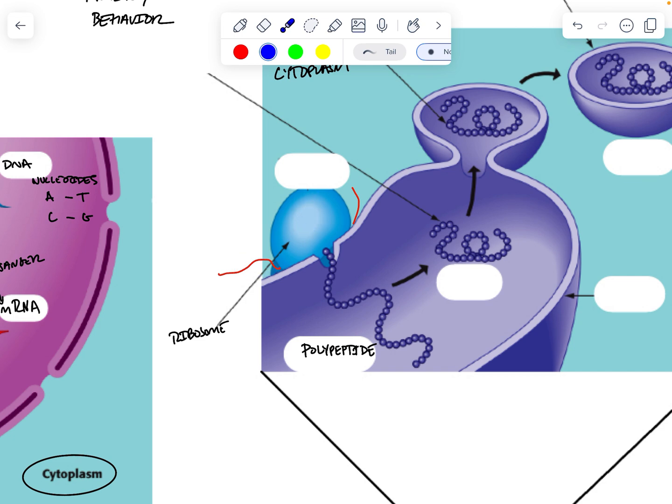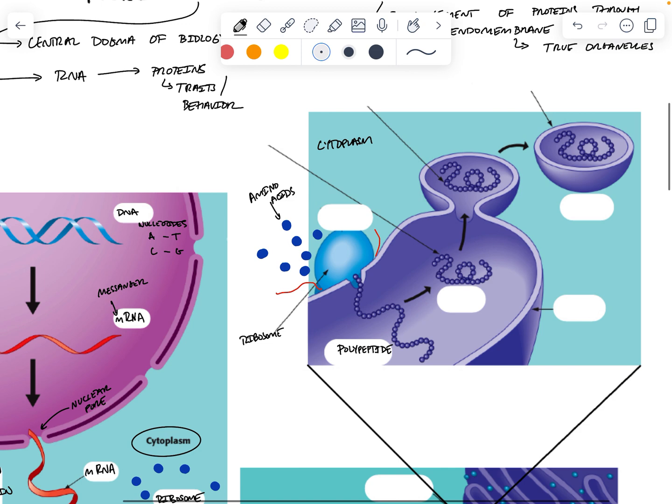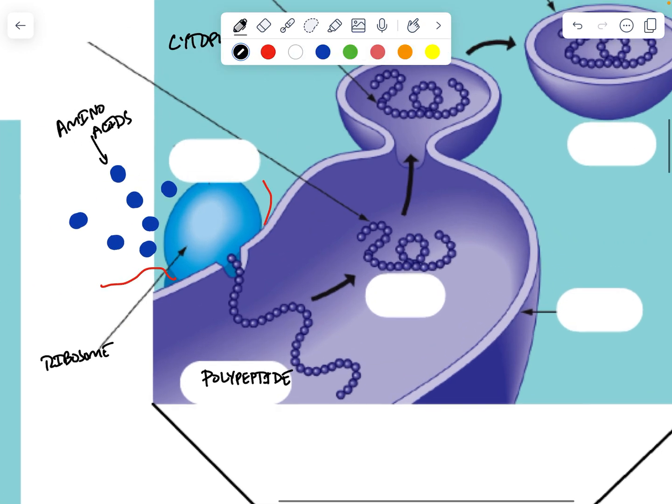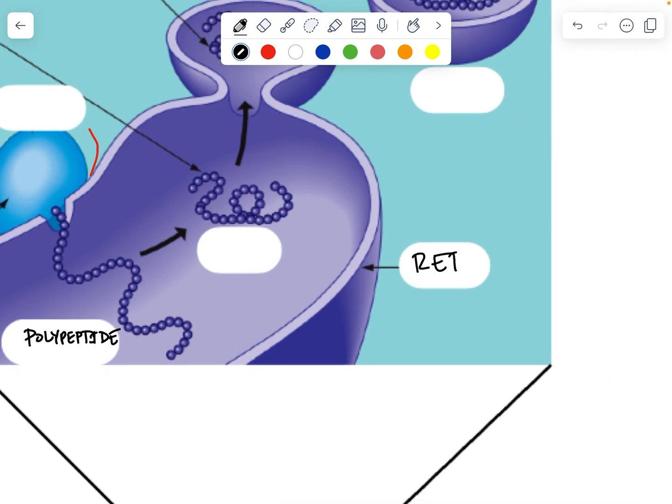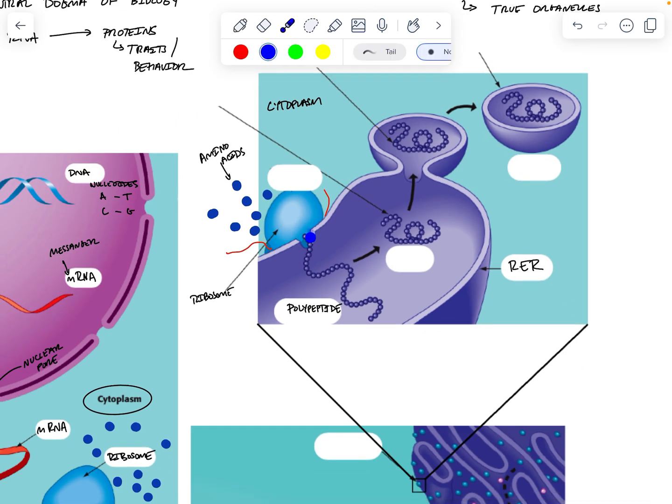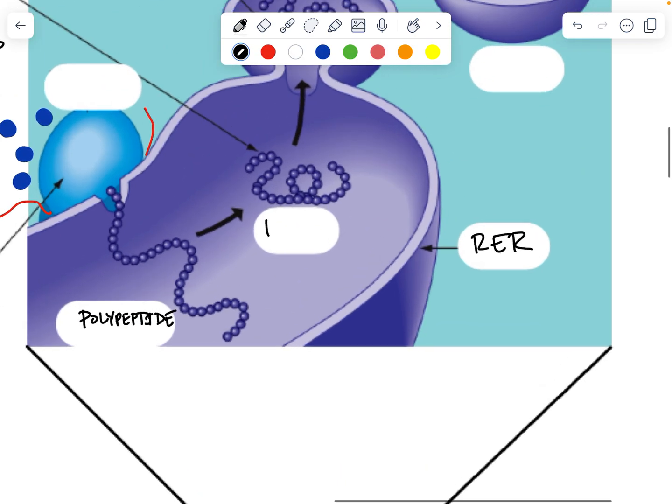And again, we've got our amino acids out here as well. So the ribosome attaches itself to the rough endoplasmic reticulum, or RER, and it shoots the polypeptide that it's synthesizing into the inside of the rough endoplasmic reticulum, where it's going to be folded.